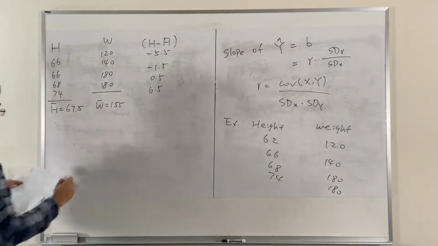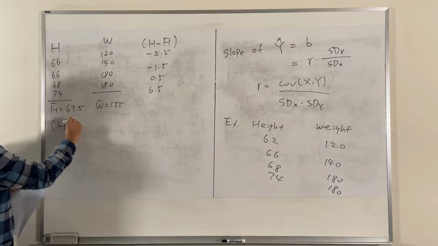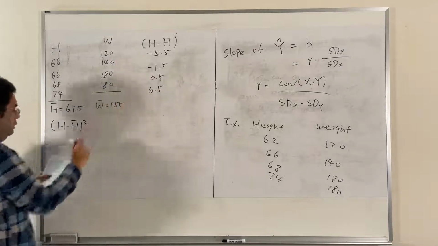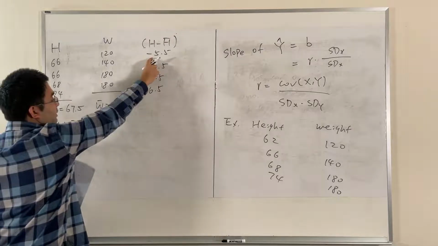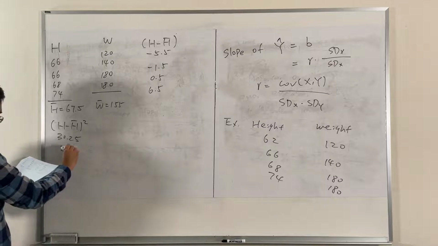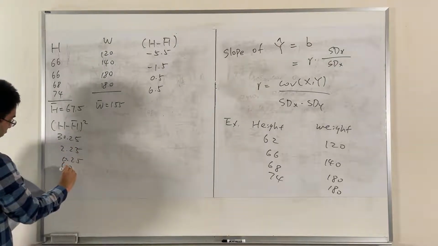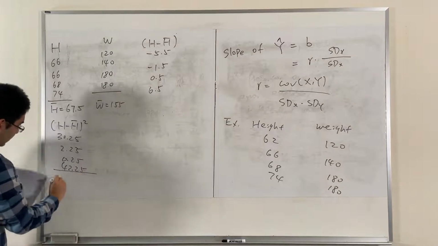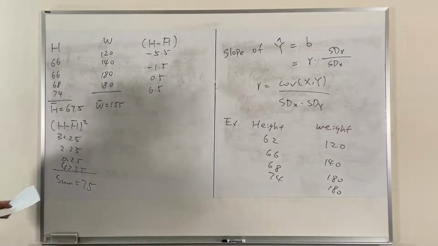Now square these values. 30.25. Basically, it's negative 5.5 squared. We'll continue. 2.25, 0.25, 42.25, and also sum them up, right? Instead of taking the average, I want to sum them up because it'll be useful later.